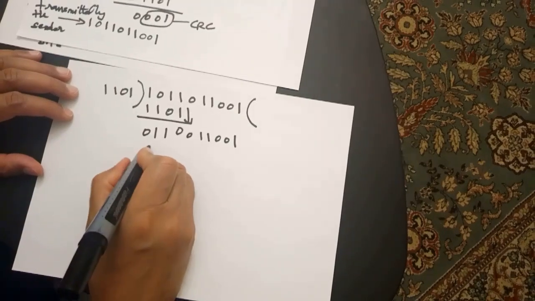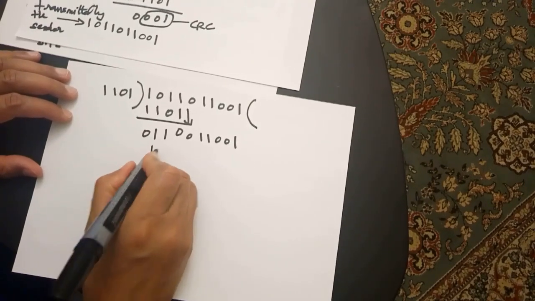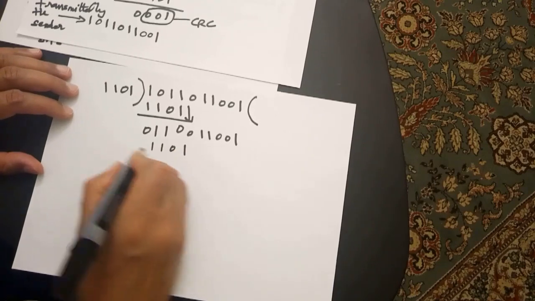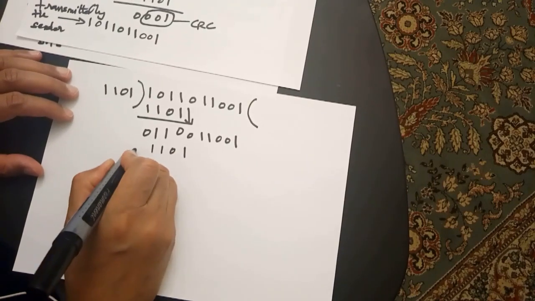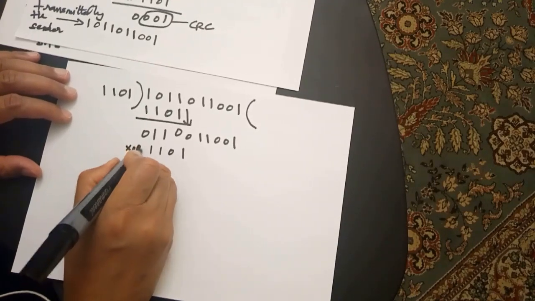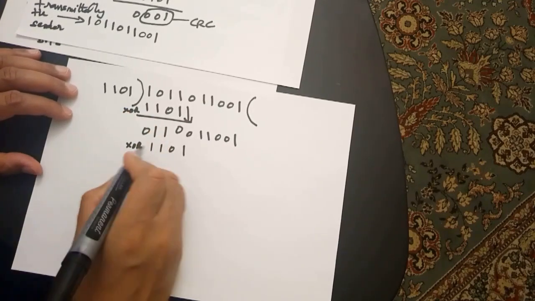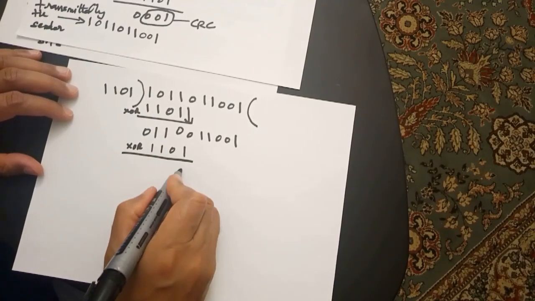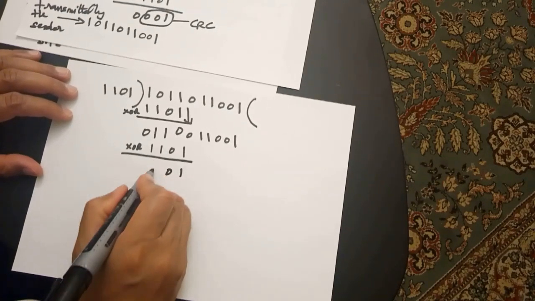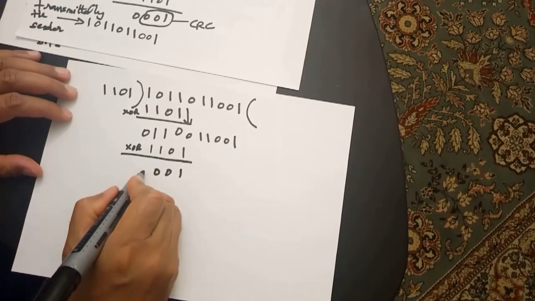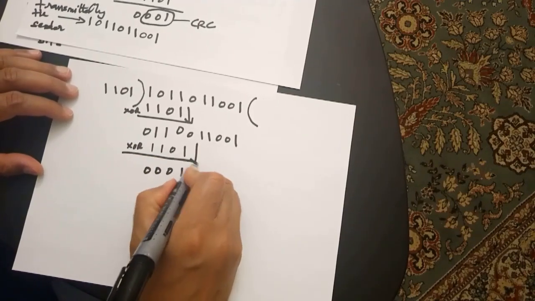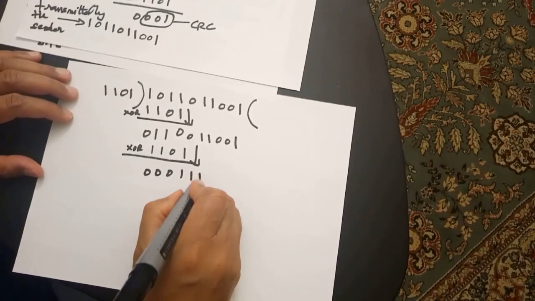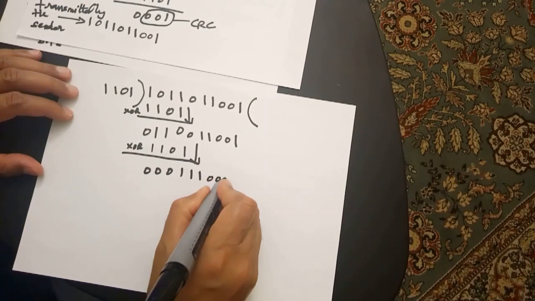So again start with the leading 1, so 1 1 0 1, XOR. 0 1 is 1, 0 0 is 0, 1 1 is 0, 1 1 is 0, and copy the remaining 1 1 0 0 1.